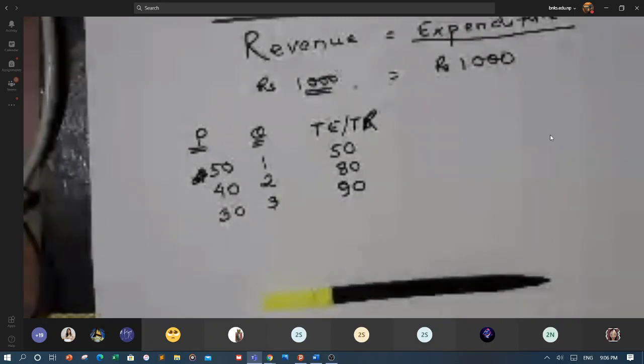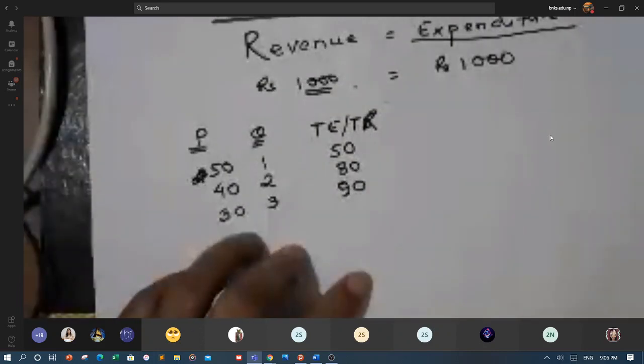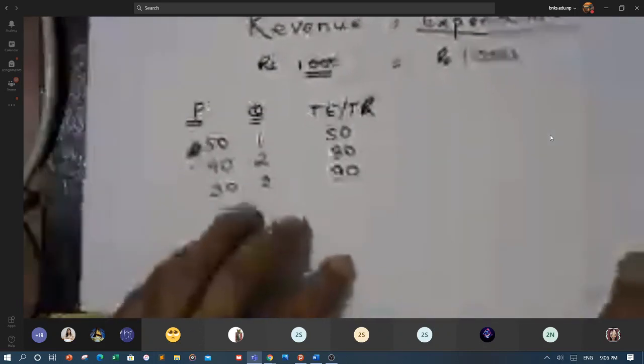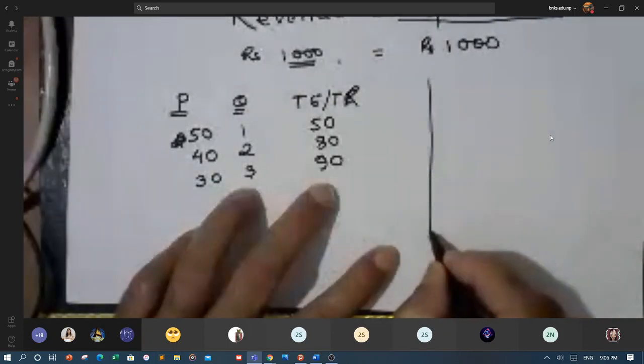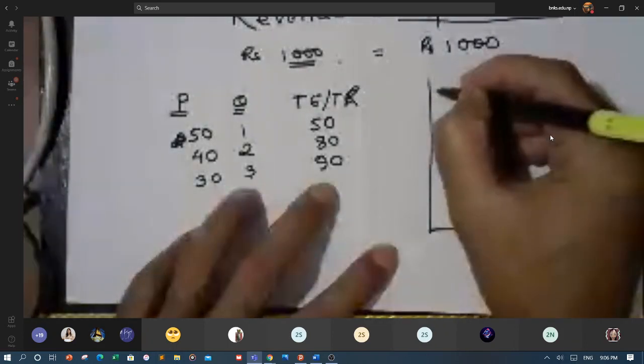What happens if the price of a good decreases? You purchase more. As a result, your total expenditure on that commodity increases. This can be shown in one way. I'll use the simple figure that we did.